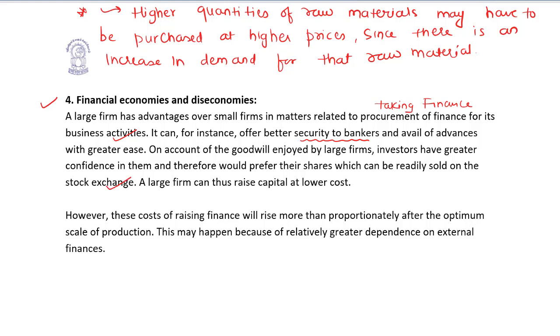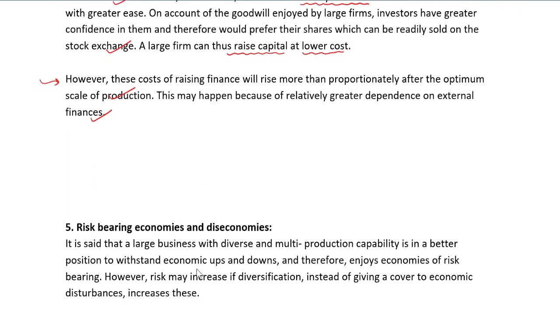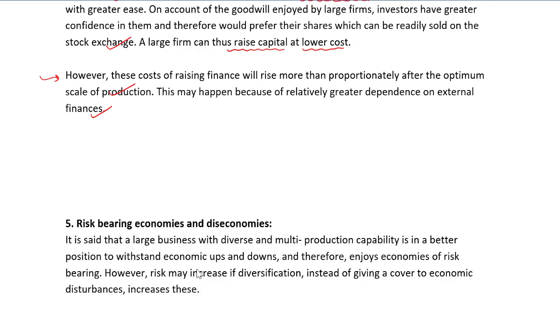A large firm can thus raise capital at lower cost. However, these costs of raising finance will rise more than proportionately after an optimum scale of production. This may happen because of relatively greater dependence on external finances. So a large firm should not be so dependent upon external finances that it leads to diseconomies of scale.